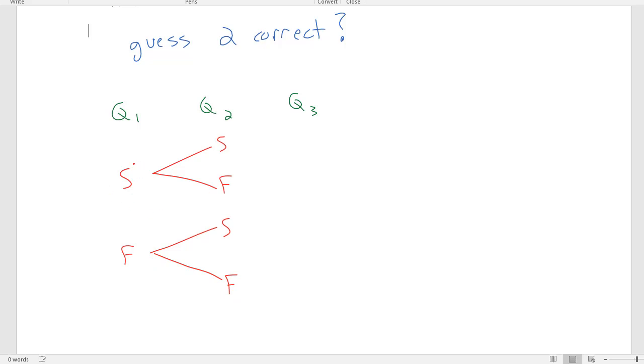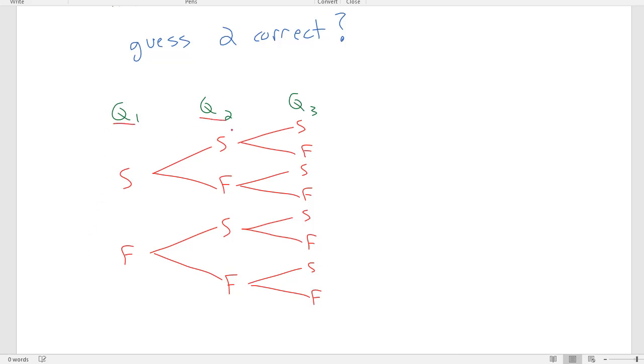So if I answer the first one successfully, then the second one successfully, then for my third question, I could have success or failure, and then I could have success or failure here, and here, and here. So again, this was what we called a tree diagram, and it allowed us to visualize all the possible outcomes.